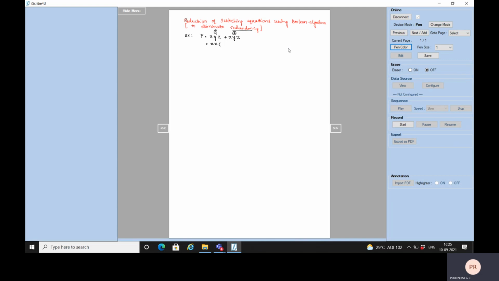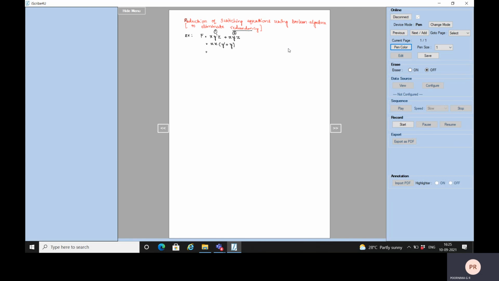In minterm 1 and minterm 2, x and z are common. So let me take those two terms out as common variables, and the uncommon variables y bar and y I'll retain in the equation.